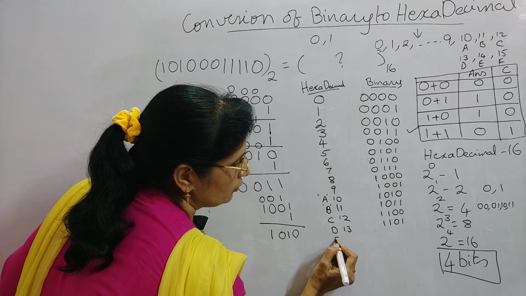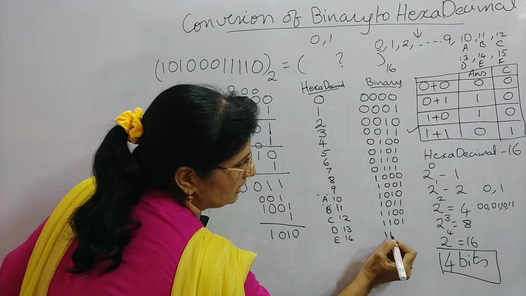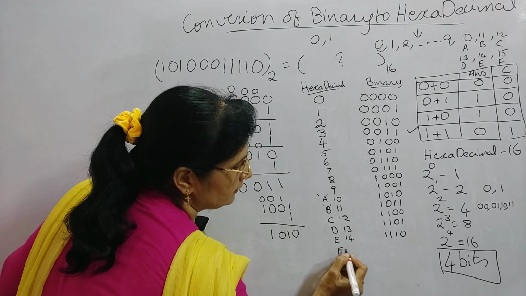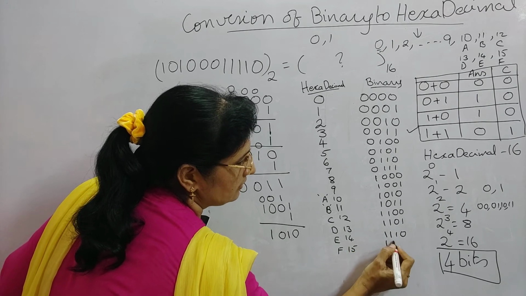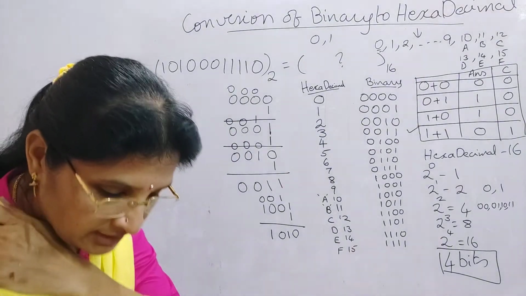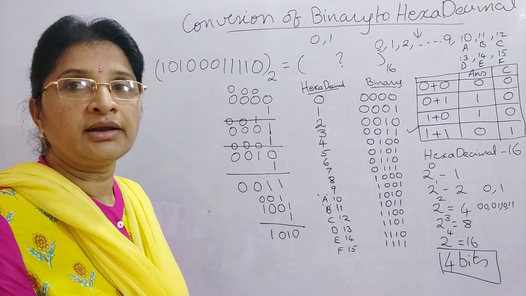Next for 14, it is 1, 1, 1, 0, and for 15 it is 1, 1, 1, 1. So these are the binary codes for all the 16 digits of your hexadecimal number system.